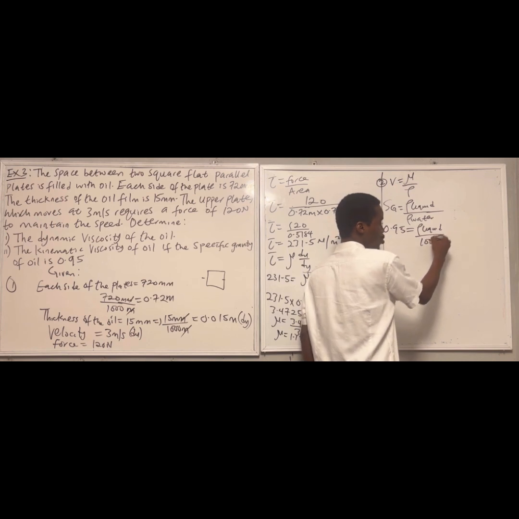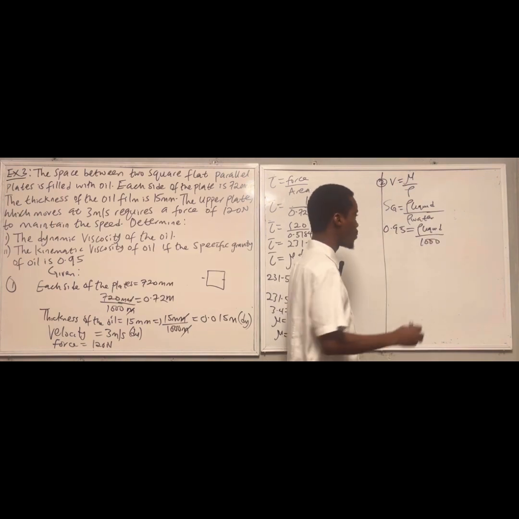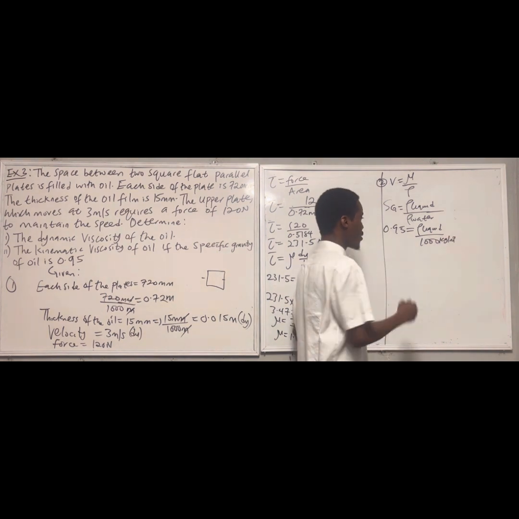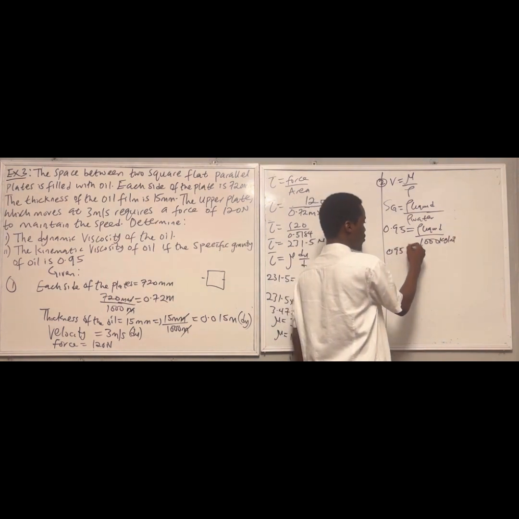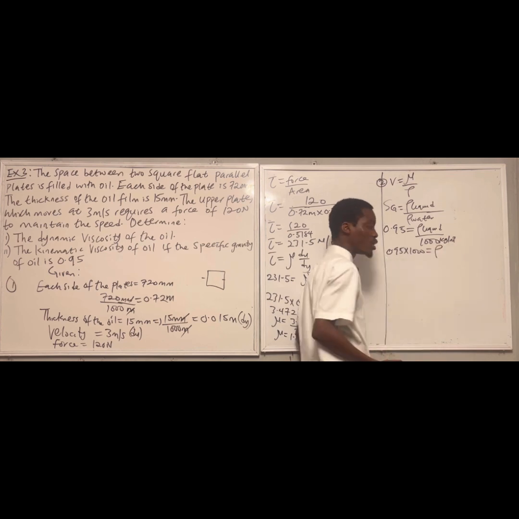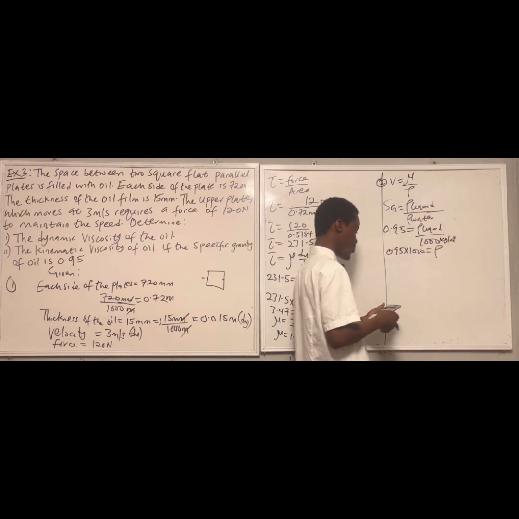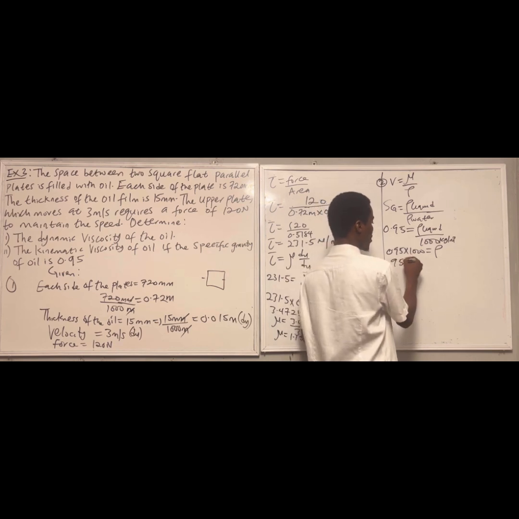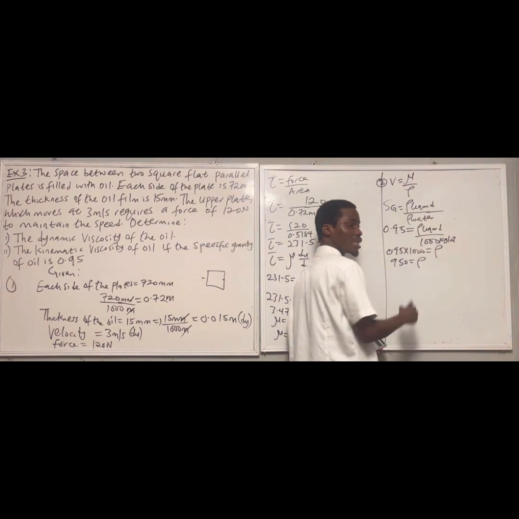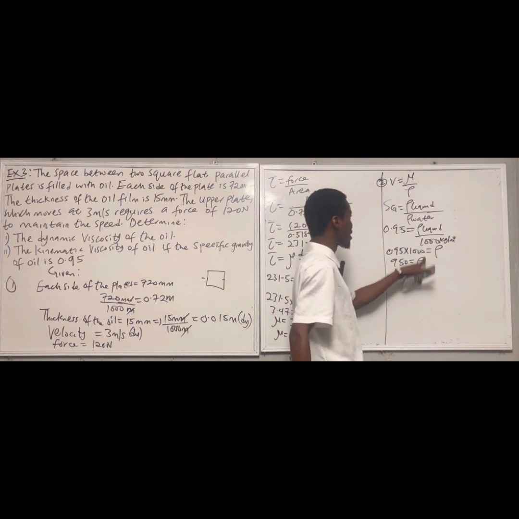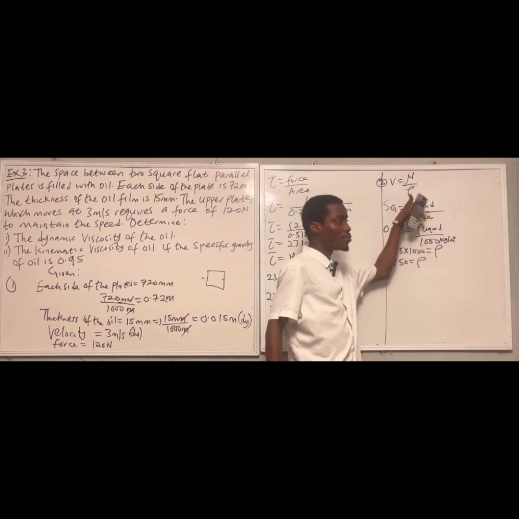And remember, water is always 1000 kg per meter cube. If I cross multiply, I'm going to have 0.95 times 1000, which is 950, equal to the density of the liquid. So the density of the oil is 950.